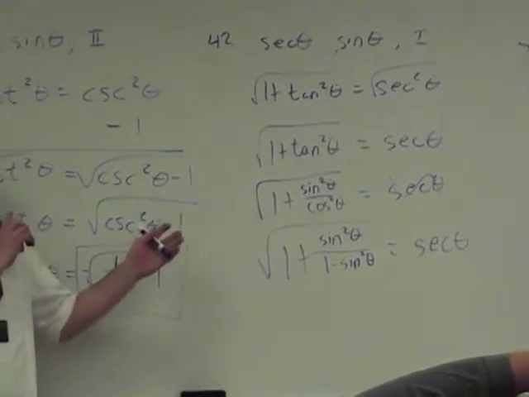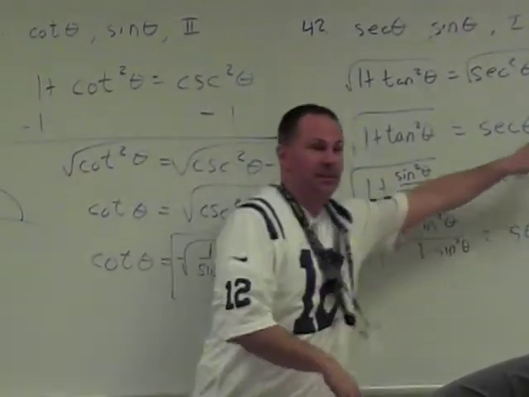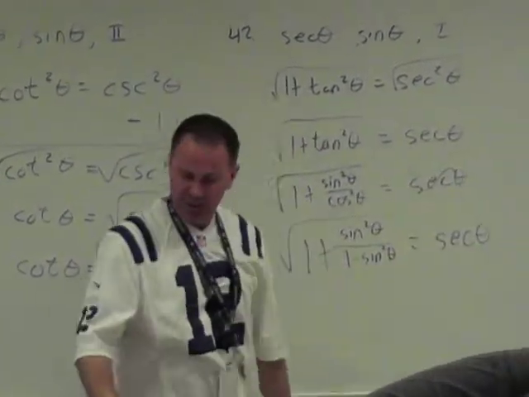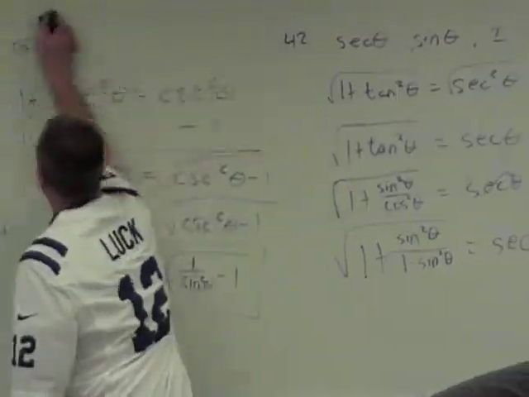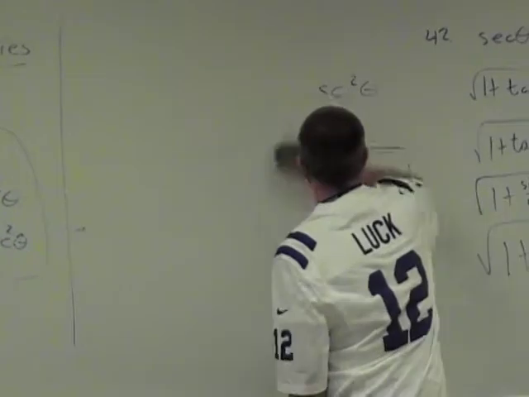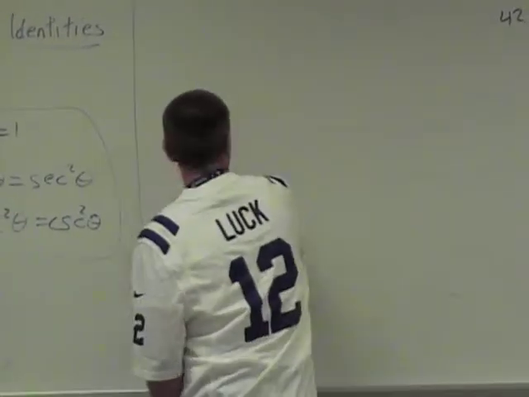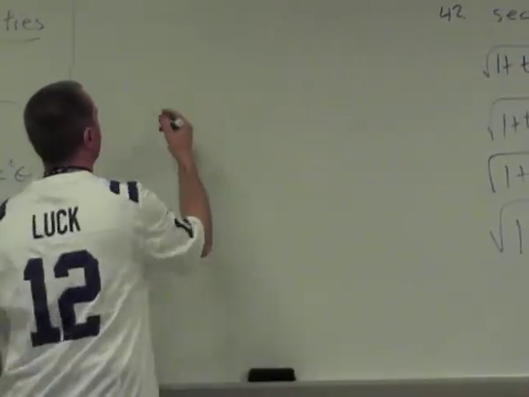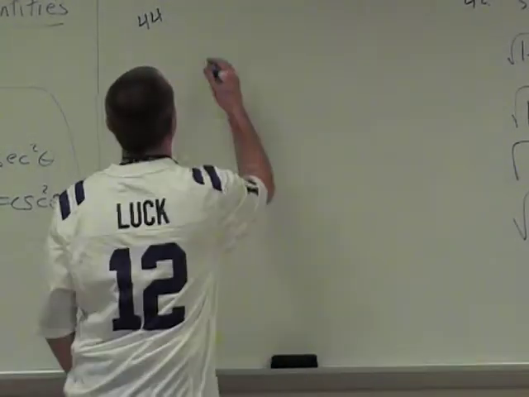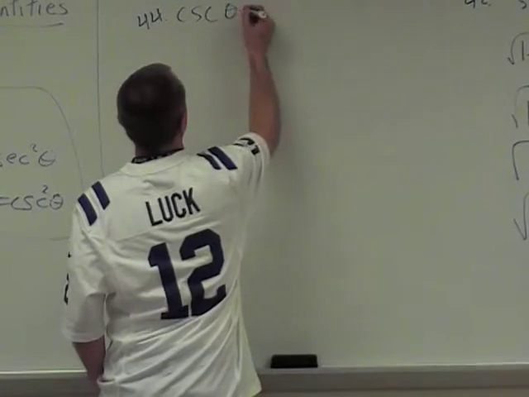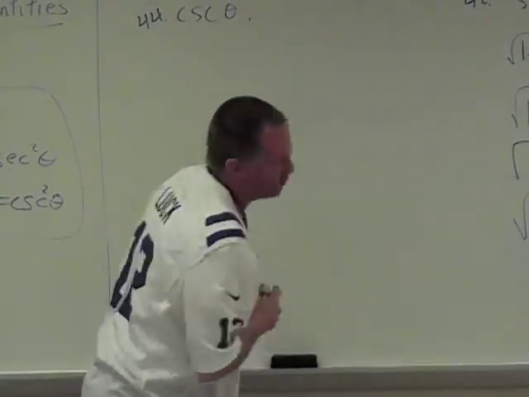Now you want to do one of these that really should be easy. Let's do another one. Number 44, I want everybody to try on their own. Here, I'll write it up here. And then we'll do some of those other problems that are a little different. Show you how easy they are. Number 44, you're going to try this one. The cosecant of theta, and you're going to change that to cotangent of theta.